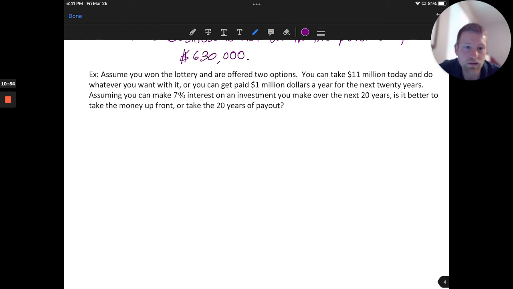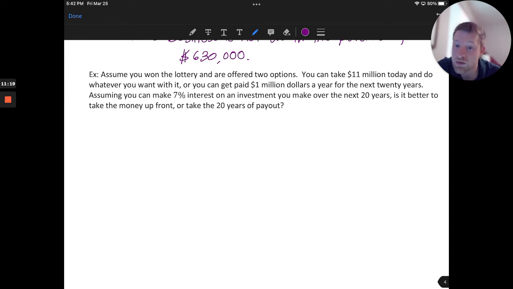You can take $11 million today and do whatever you want with it, or you can get paid $1 million a year for the next 20 years. Now, whatever you want with it, let's just assume that you go ahead and responsibly invest this $11 million, the same as you would invest your $1 million payments here.